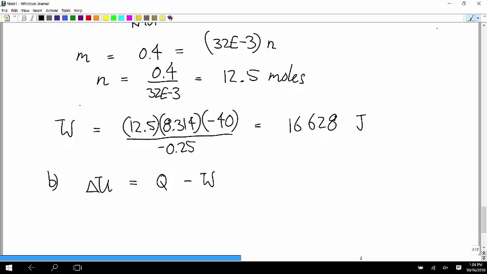It says that 1,500 joules of energy is added to the gas during the process. It doesn't say how it's added. It could be added through work or through heat. Let's assume it's through heat, and you get the same answer either way. If we were going to add it through work, we'd have to include a negative sign, because if you add energy to your system through work, that's negative W. So I'm going to put this in as 1,500 for heat.